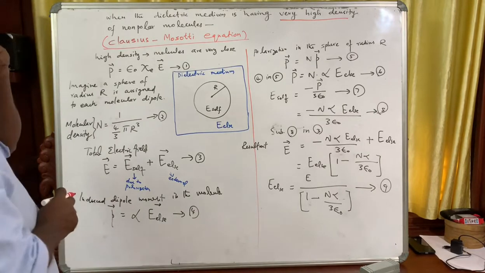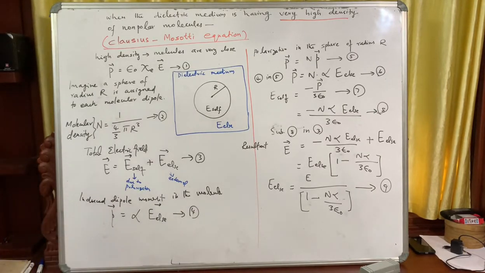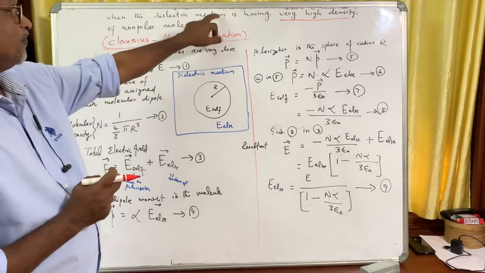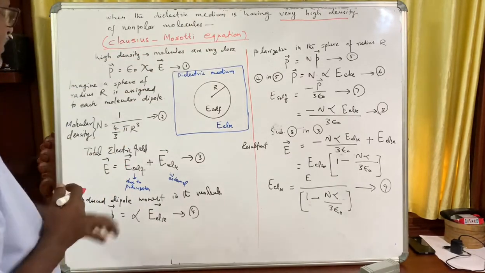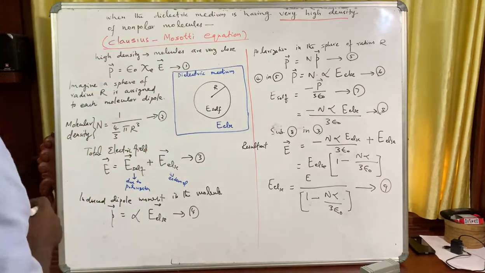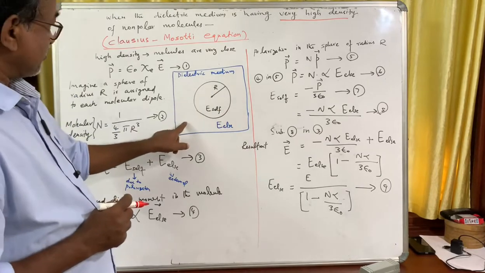So for this, we have to consider high density. In our topic, it is a very high density molecule. That is, molecules are very close to each other. So you just see this figure.